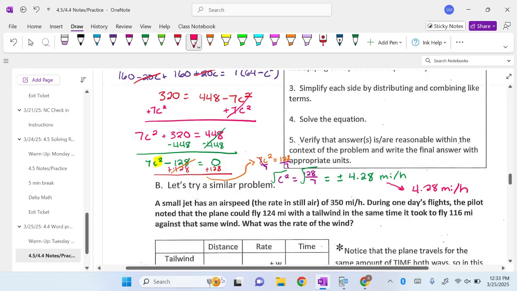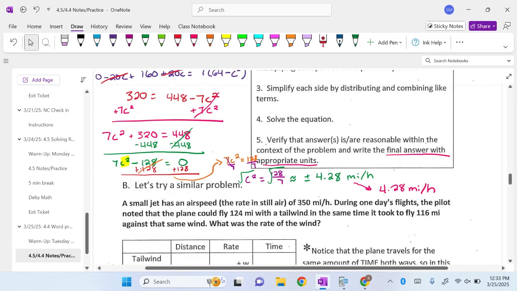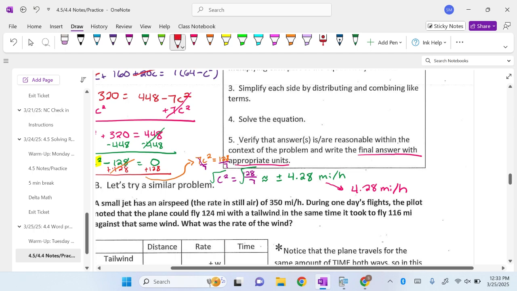That's what it means by checking to make sure your final answer is appropriate with the units. Yes. Yeah, right. So yes, you would have to do the plus or minus. Yeah, it's technically not. So this is the speed of the current.